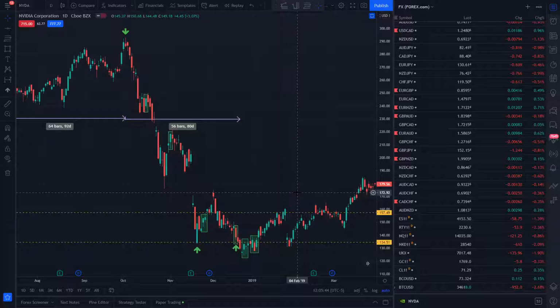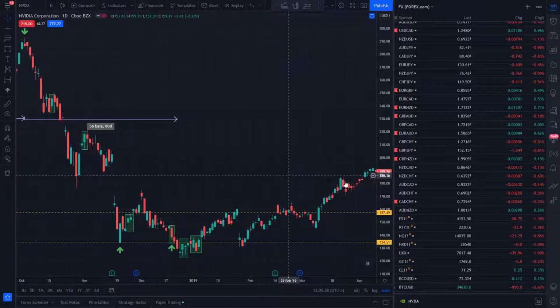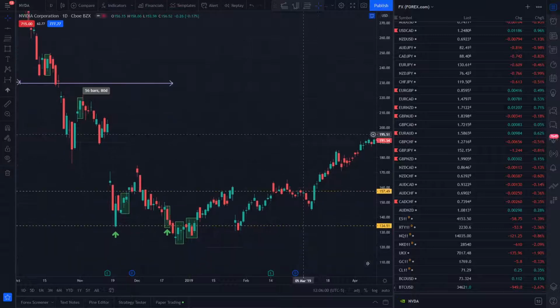So this gives you an idea of how to find the hammer pattern, a very, very simple pattern, in reversals and also some in retracement, or when the market pulls back. For another example, I can show you here that there's yet another one in a really nice little pullback as we're coming off that low.